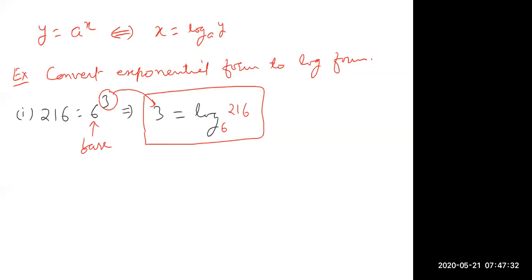Next, one more example. The second example: if 4 raised to power 3/2 is equal to 8, write it in log form. Everybody try this. Sir, in the first one, should we write 216 in the power or aside? No, see, y is equal to a raised to power x.